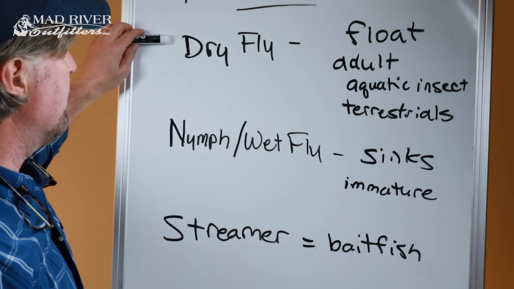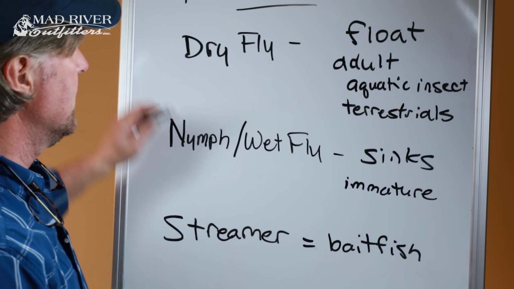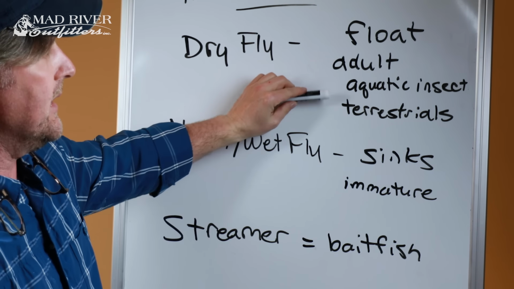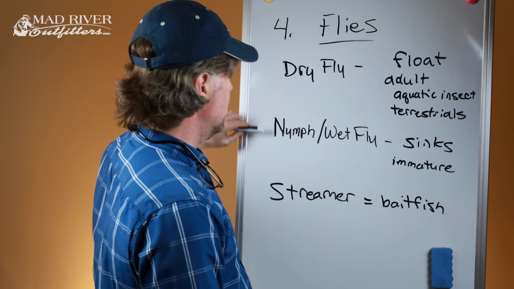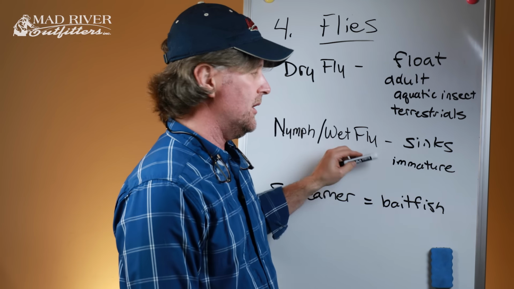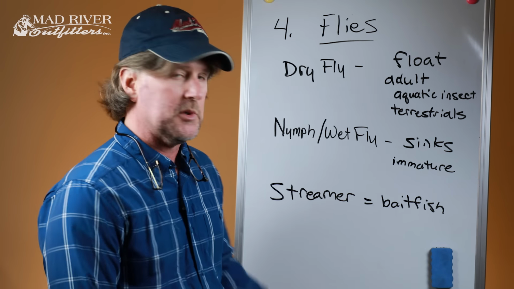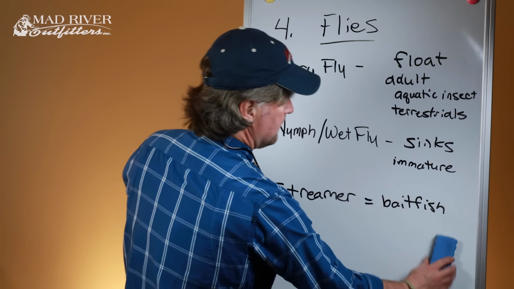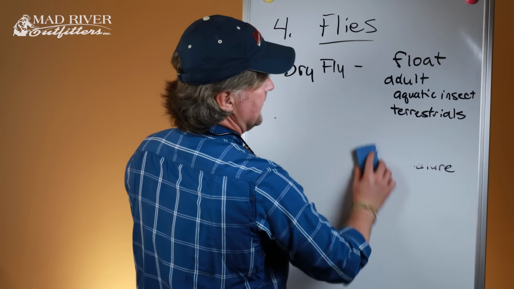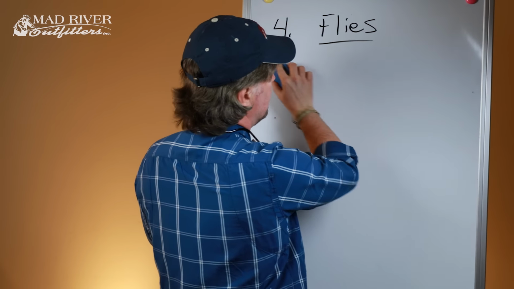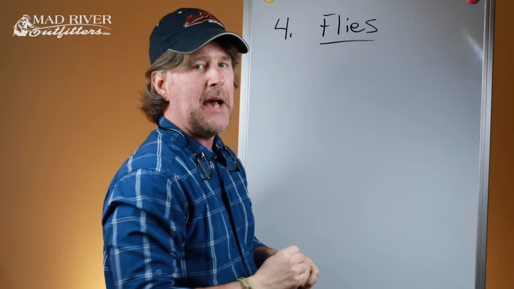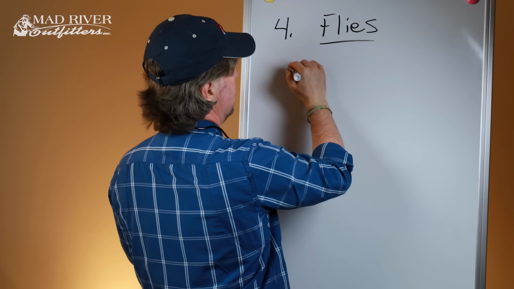So that's kind of 3 main categories. Your dry flies float, aquatic insects or terrestrials. Nymphs and wet flies sink, and they're imitating the immature form or the emergent form of those aquatic insects. And then streamers equal bait fish. Now, you can kind of get into pike flies and bass flies and things like that.